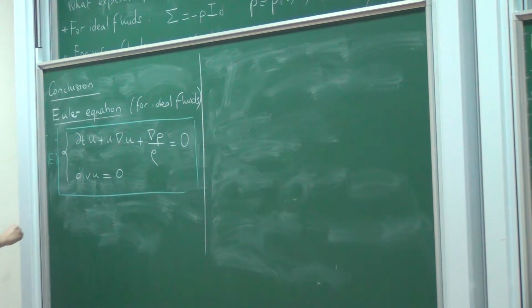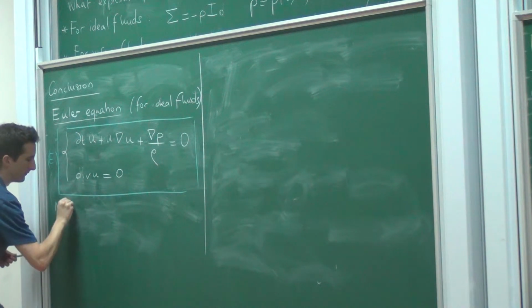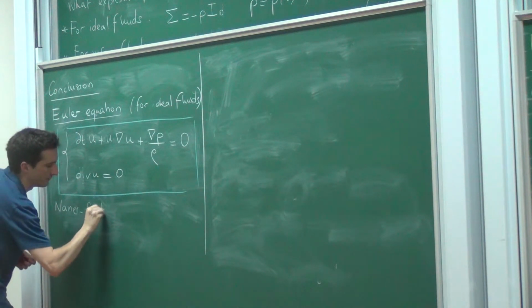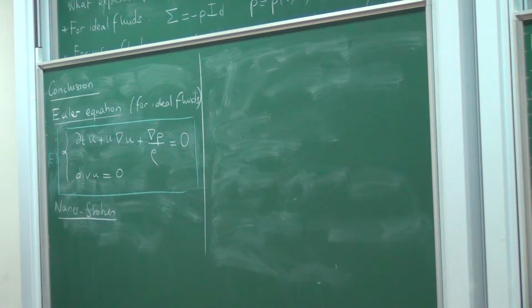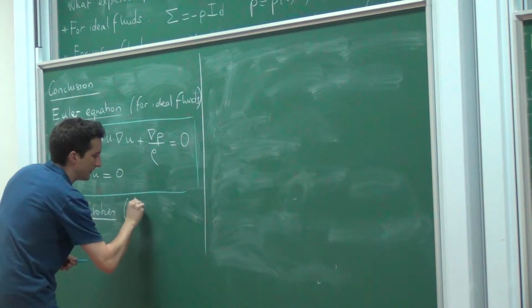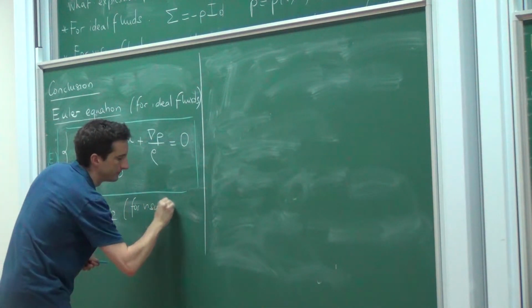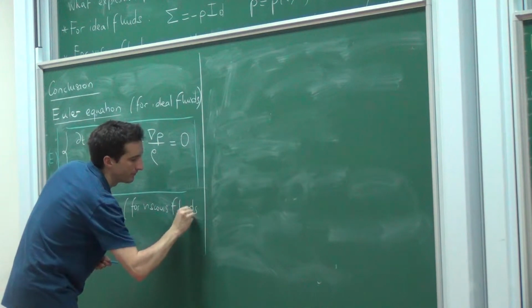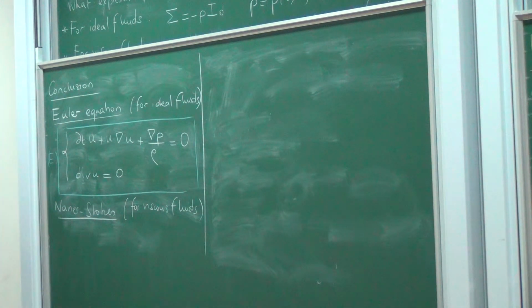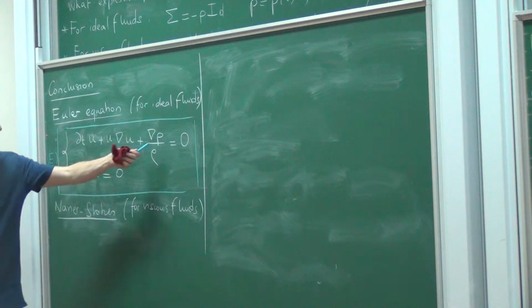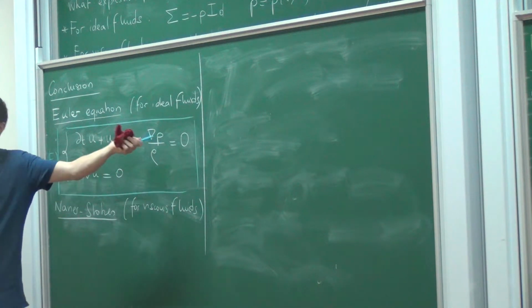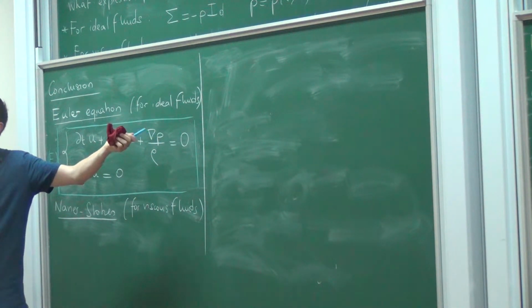And then the other classical model is the Navier-Stokes equation. Navier-Stokes is for viscous fluids. You take into account viscosity by adding some diffusion, because viscosity creates friction, it dissipates energy, so this is the same with the minus delta u.